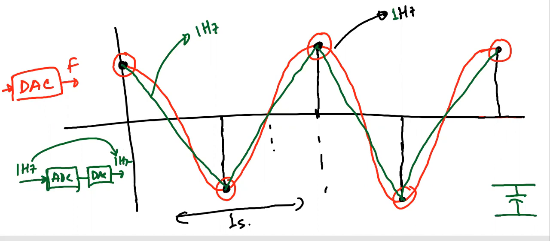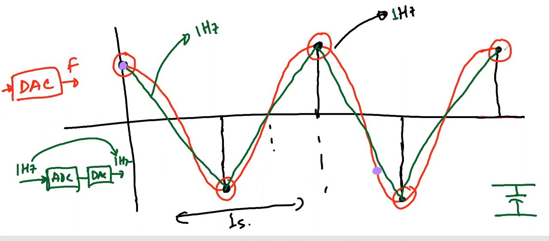Now, if we are putting some samples like this, at the beginning we are putting some sample, and let me put another over there, and some other point is there.